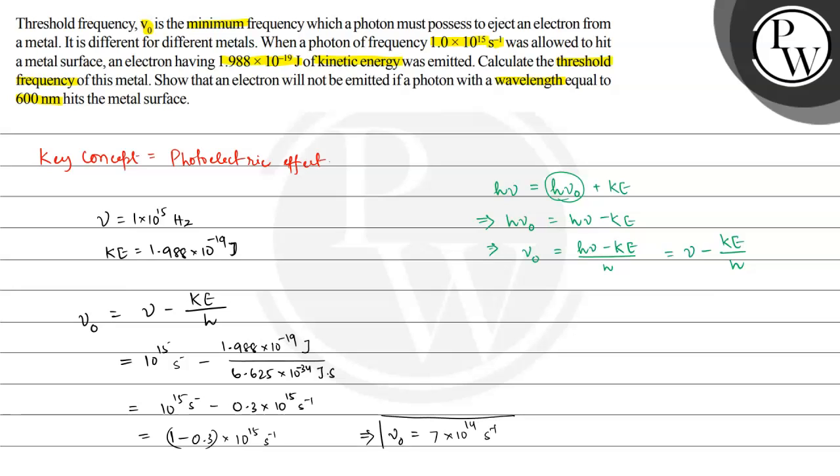So ये है threshold frequency. अगर कोई भी frequency की value इससे कम हुई then that will not cause photoelectric effect.